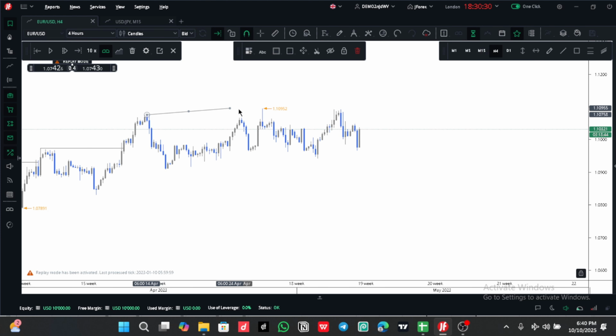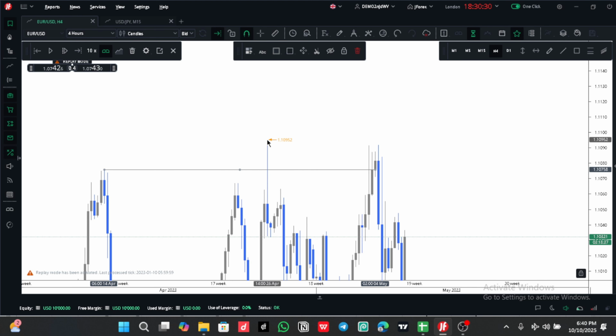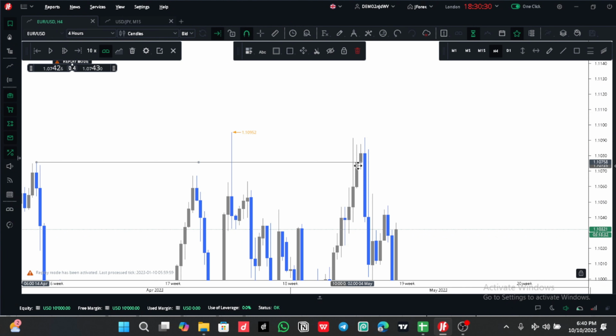If I drag it from here, you can see that at first the market tried to break it with the body, but it did not. It closed with a wick. Then the next time it went to that high, it broke with a body candle.